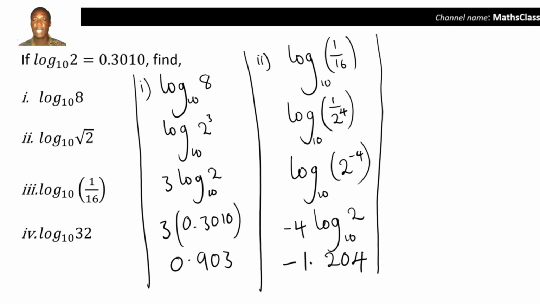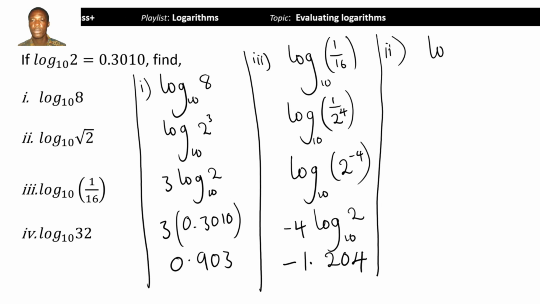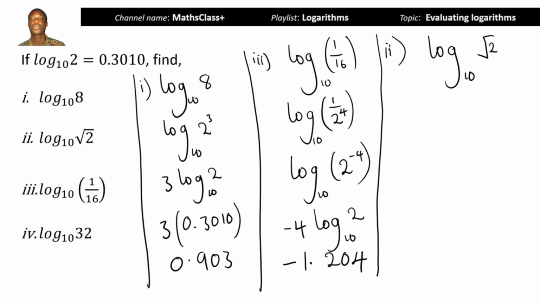Now the third example, I think I jumped the second one for the third. So this one is rather the third example, and we are now doing the second example. Okay. So the second example is log to the base 10 of root 2.